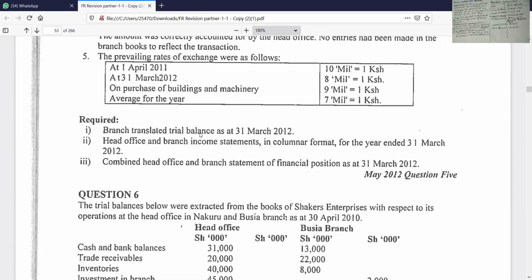To be more specific, it was not 2018, it was 2019, by the way. The same question was in May 2019, question 5, and it was 20 marks. They call it Baraka Limited.